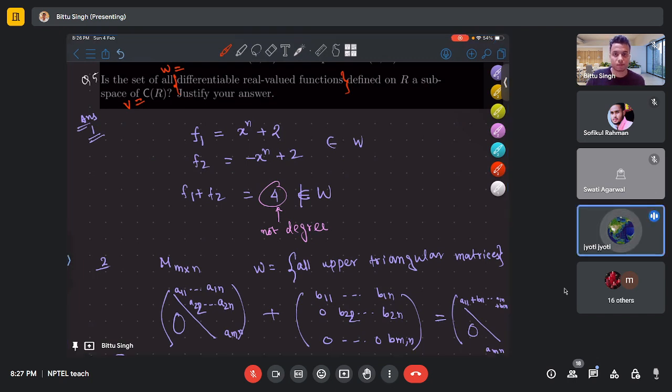Sir, basically here W is not a subset of V because, like the modulus function, these are continuous functions but not differentiable at 0. So the V set must be a superset of W, but differentiability is a broader criterion than continuity.